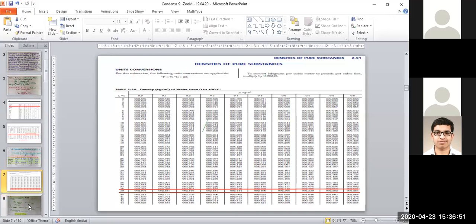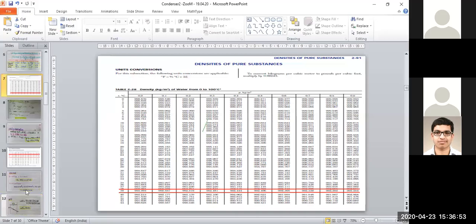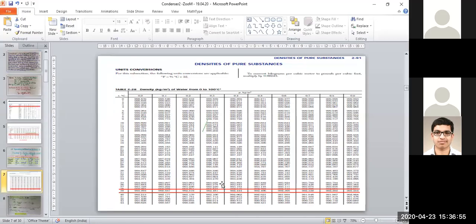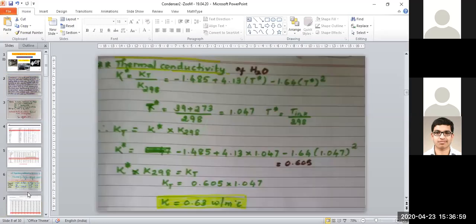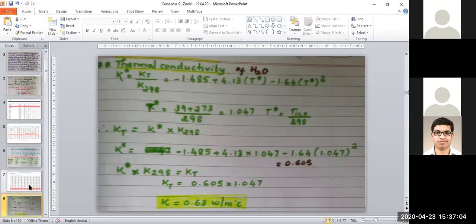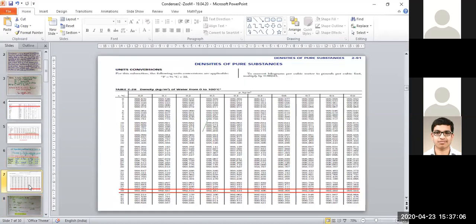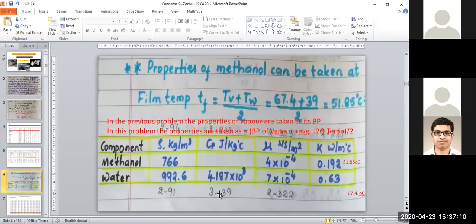Similarly, I forgot to paste some of the properties. Similarly, you do it for CP of water.